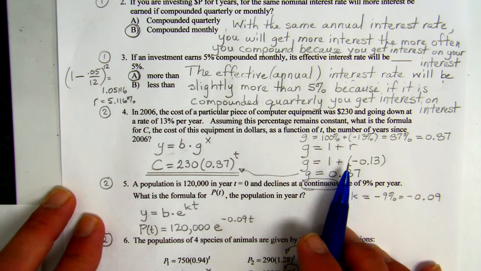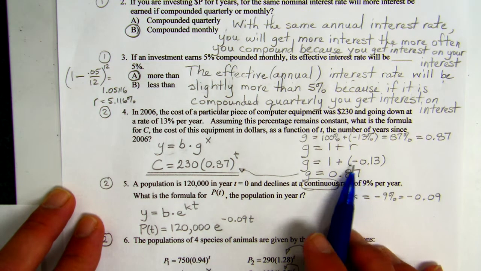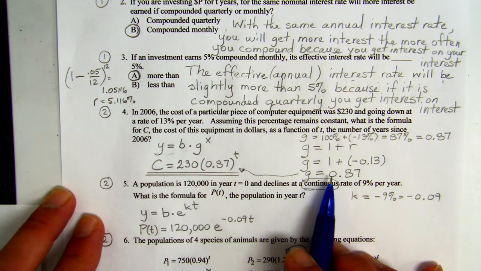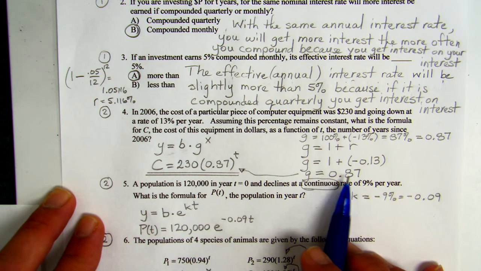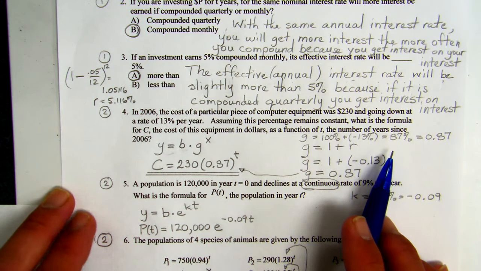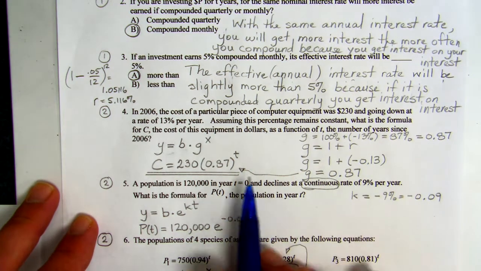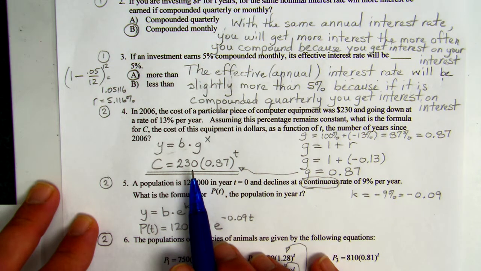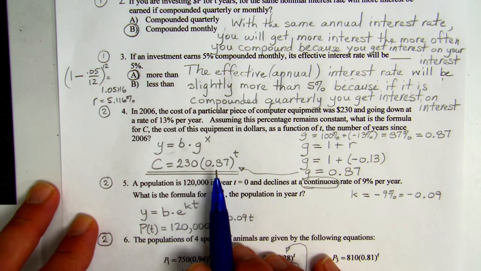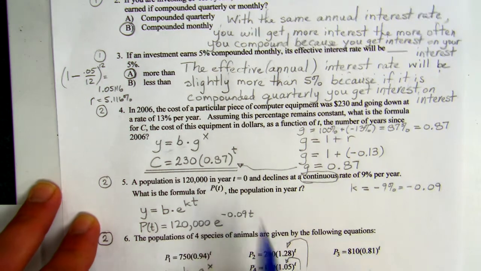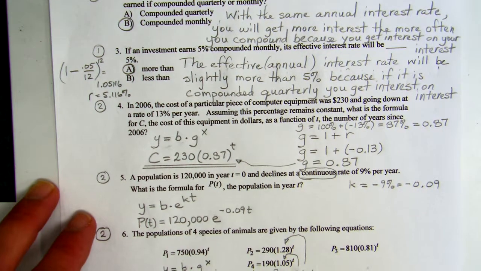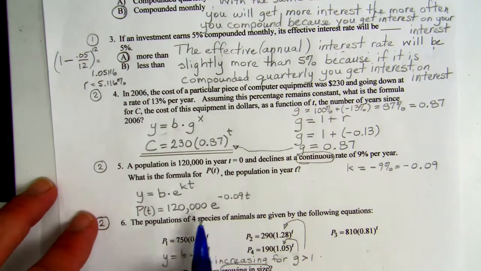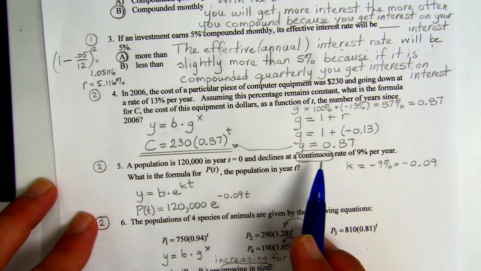And you guys did a nice job of recognizing that it is going down, so that would be a negative, and the growth factor then would be 0.87 or 87% each year of what you had the prior year. So the cost would be the initial value, the $230, and then 0.87 to the t power.